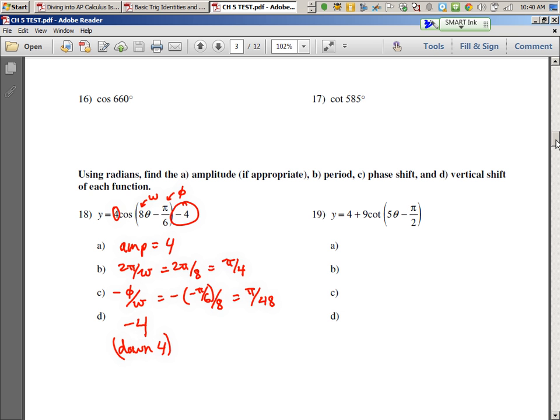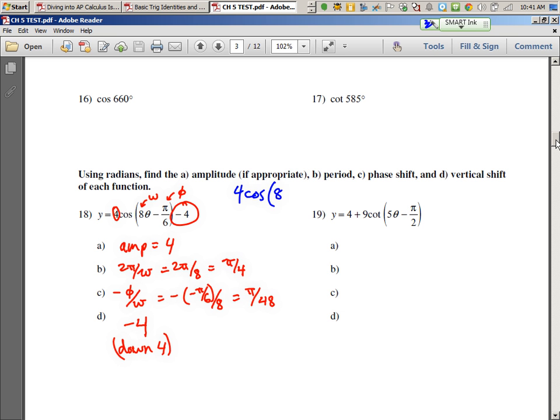Now, is this just a bunch of new material? Not at all. Vertical shift, amplitude is the same thing as vertical stretch. Period is the same thing as horizontal compression, or horizontal stretch. Phase shift is the same thing as horizontal shift. So watch what happens if you just rewrite this problem.